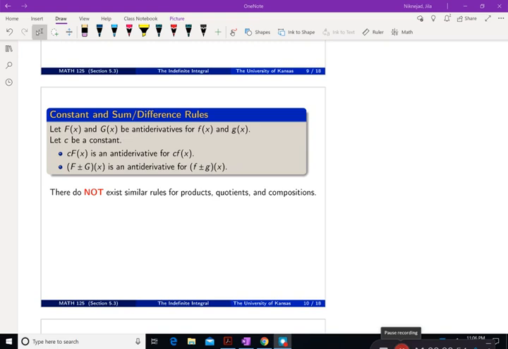Then c times capital F of x is an antiderivative for c times lowercase f of x, and capital F plus or minus capital G of x is an antiderivative of lowercase f plus or minus lowercase g of x. And so that was the basic. The second part is what we did in question 1.